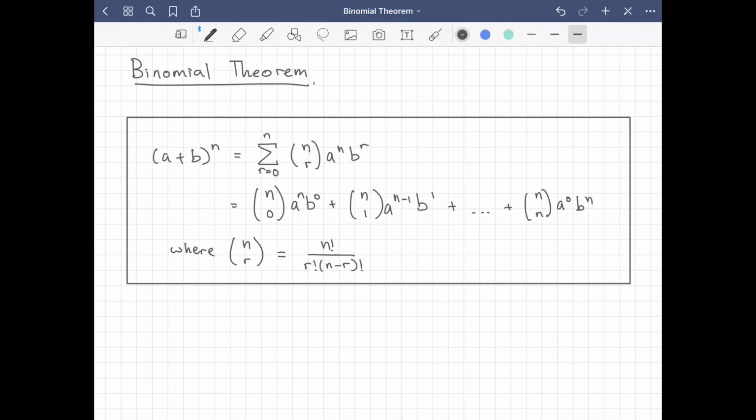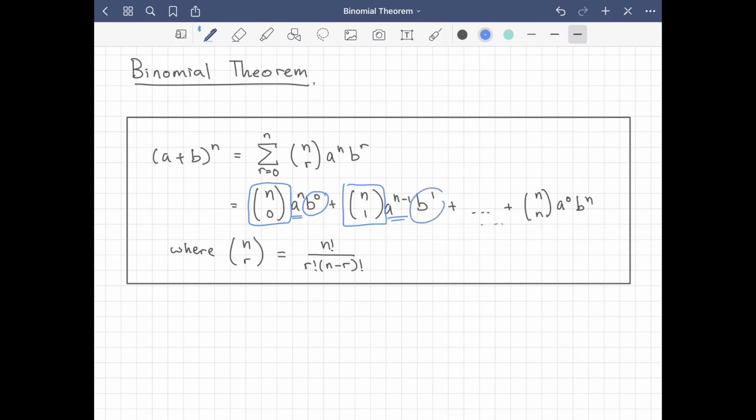So the binomial theorem can be expressed as (a plus b) to the power of n, with the coordinates of the Pascal triangle. The first term is a to the power of n and b to the power of 0, then the second coordinate of the n row, with the a power getting lower and the b power getting higher, and so on.